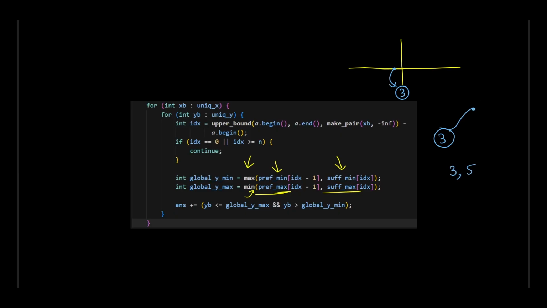So 3 could exist with 5 and 3 could exist with 7 and so on. So that is why I have applied a fancy trick to figure out what is the index of the elements that we should be looking for in the suffix. So this finds that index and then it decides, okay, if this is the prefix maxima and this is the suffix maxima, what should the answer be?